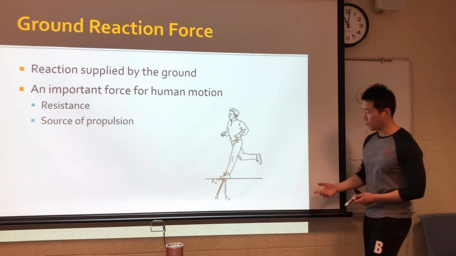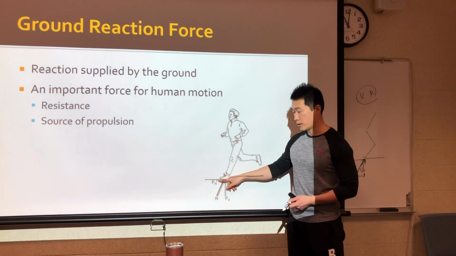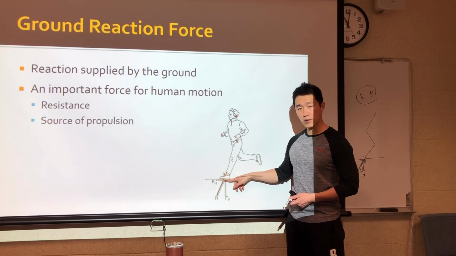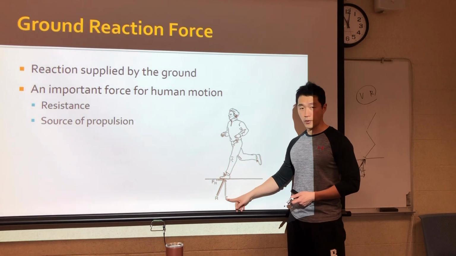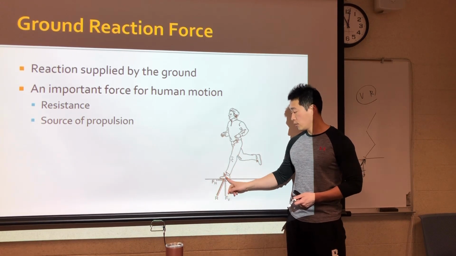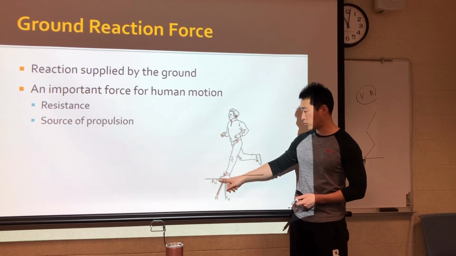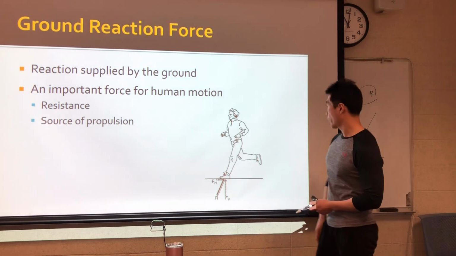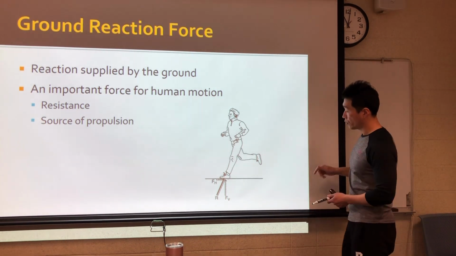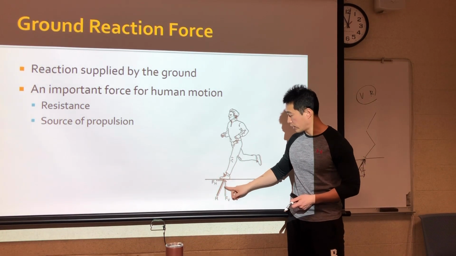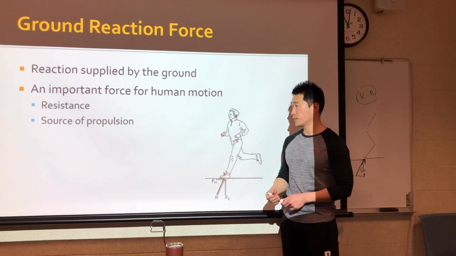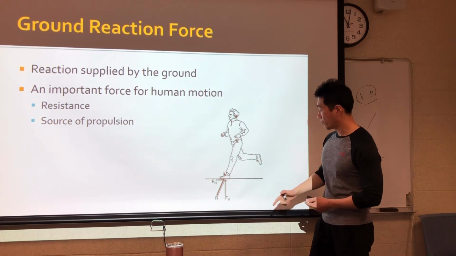In other words, here, this and this. FH means horizontal component, FV vertical component. We can break this force vector down into these two perpendicular components according to vector resolution. So tip to tail, you will end up having this resultant, the ground reaction force.